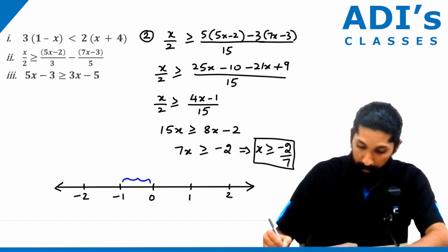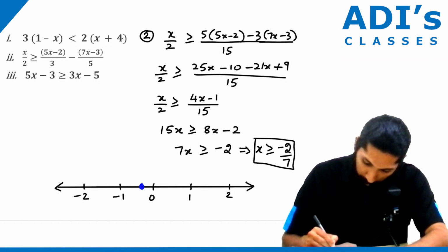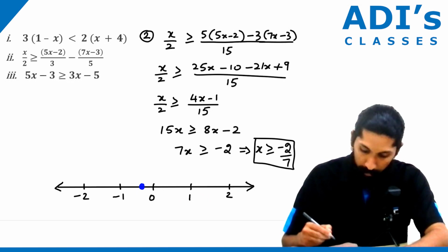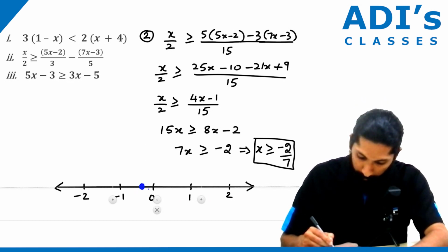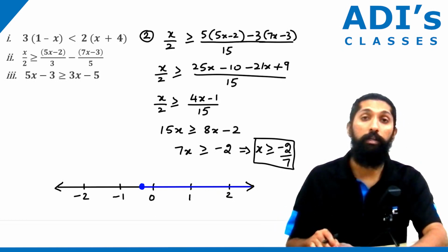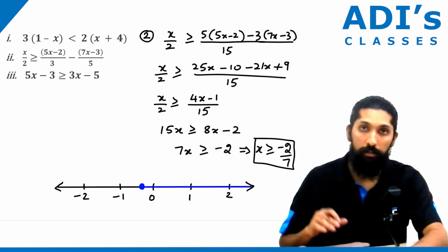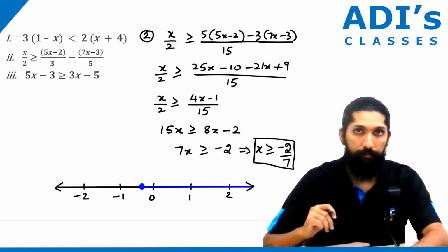Correct? So when you divide it into 7 parts, around here you are going to get the value of minus 2 by 7, approximately. So now what do you have? Is that greater than, correct? So the graphical presentation is going to be this way. This is the answer for the second one.